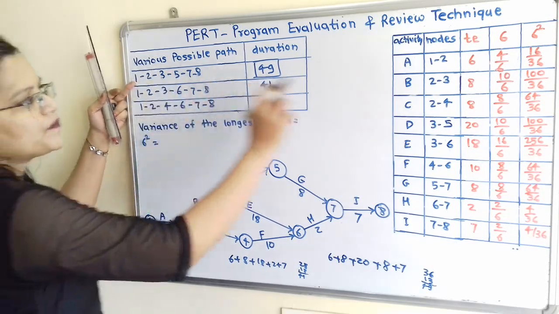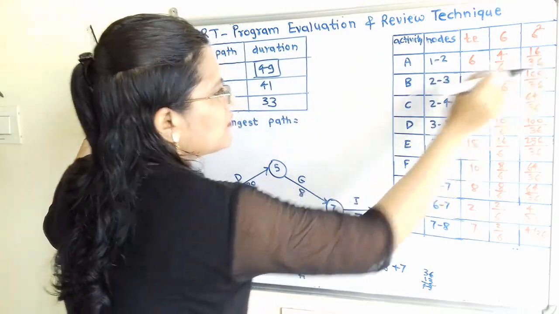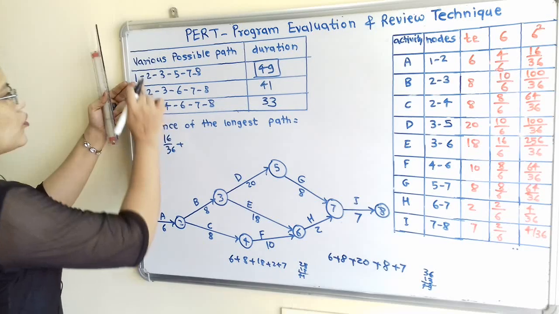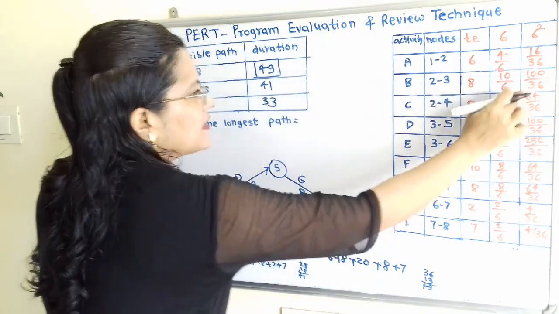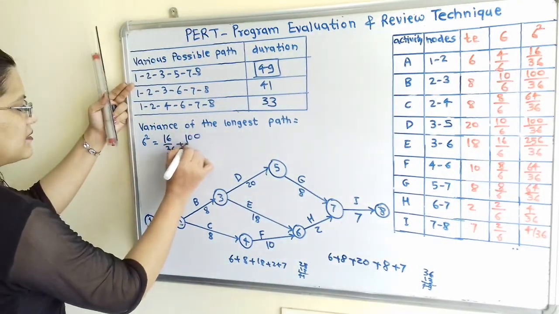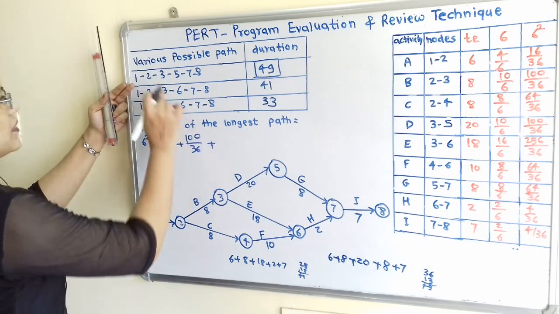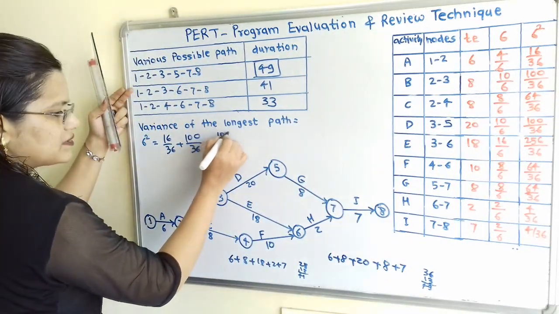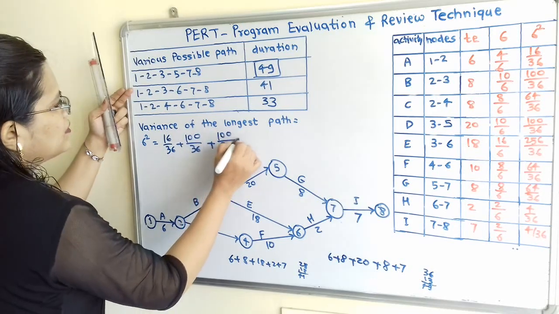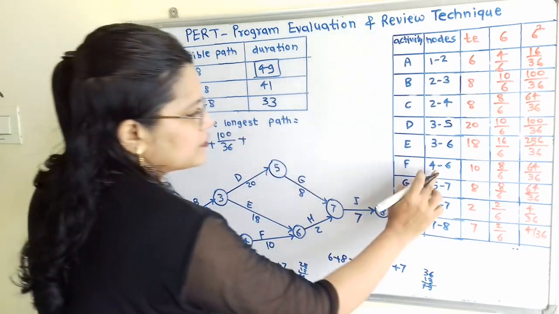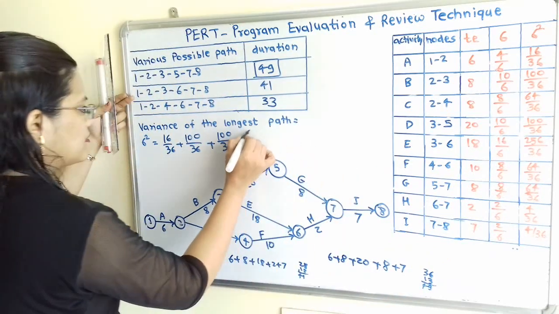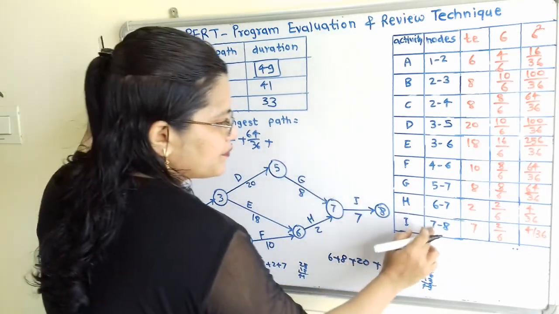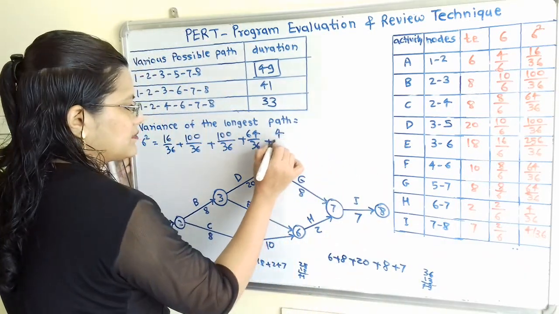So for 1 to 2, sigma square is 16 by 36, plus 2 to 3, it is 100 by 36, plus 3 to 5, it is 100 by 36, plus 5 to 7, it is 64 by 36, plus 7 to 8, 4 by 36.